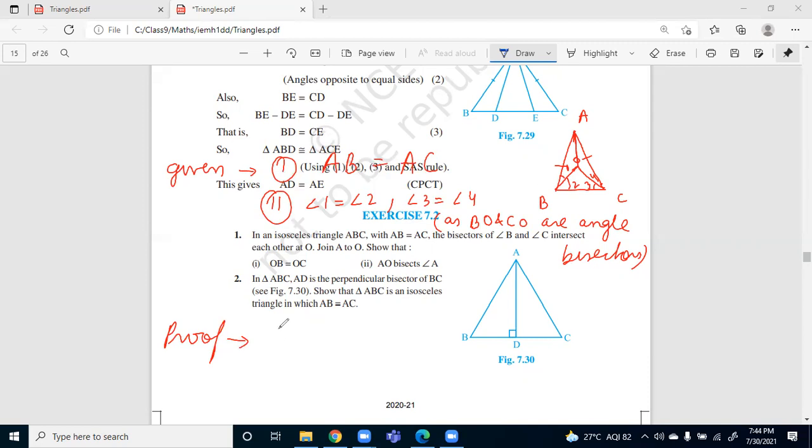I can write angle B is equal to angle C. Why? Anyone? Why are angle B and C equal?